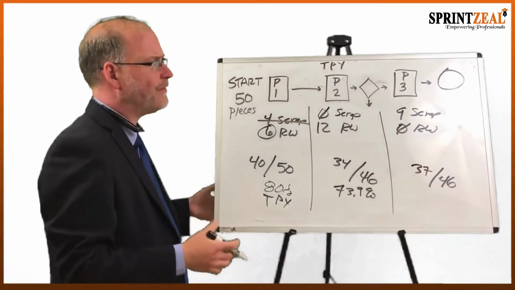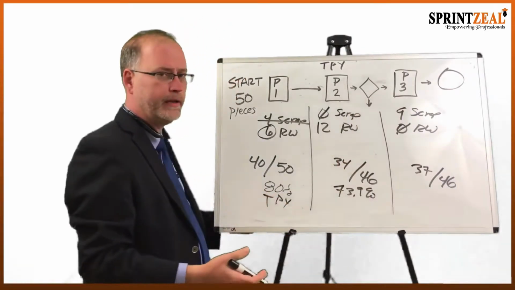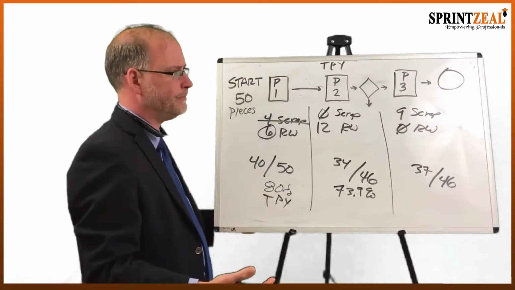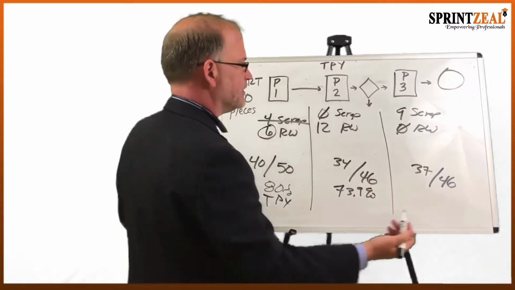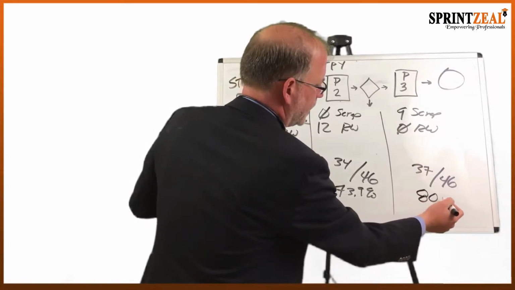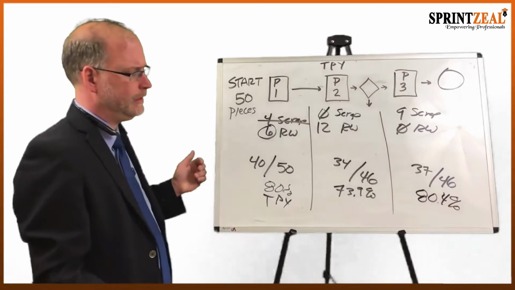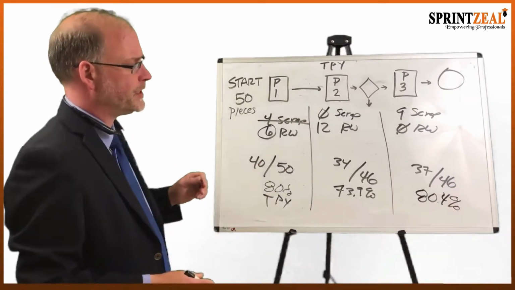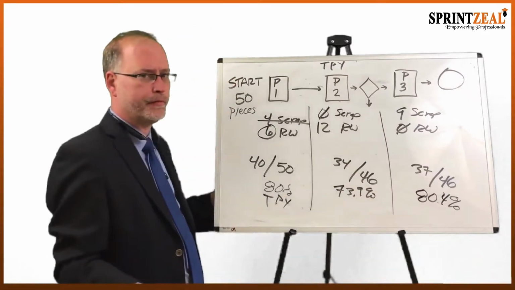So 37 pieces come out of process step number 3 without a defect. We do our math. 37 divided by 46 is 80 and some change, 80.4%. Yep, that's right. So 80.4% is our throughput yield for only process step number 3.